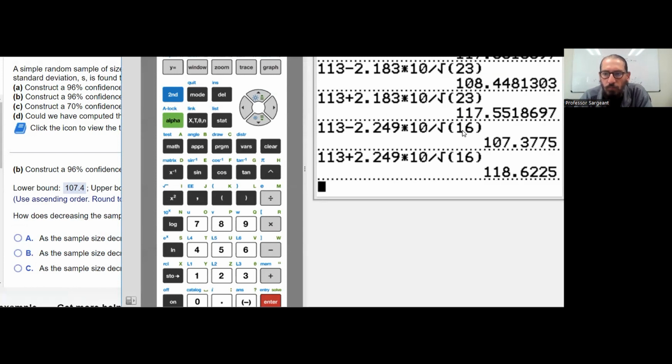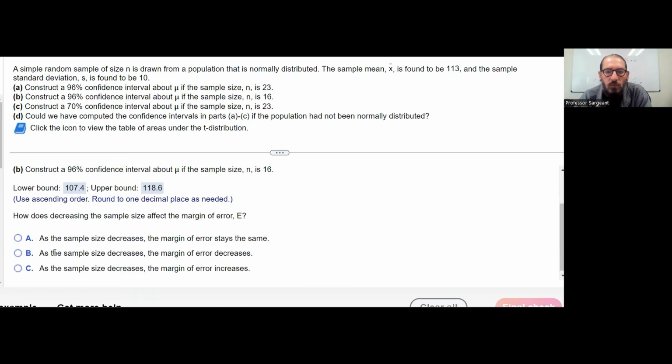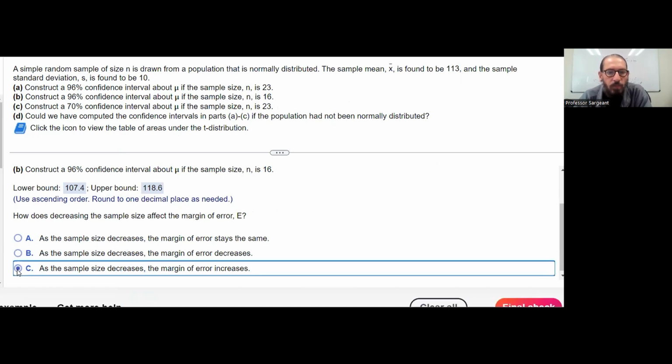Dividing 10 by something smaller gave us something larger for the standard error. Between that and having a larger T sub alpha over 2 critical value, that gave us a larger margin of error, and it spread out the confidence interval. So it has increased as the sample size decreased.